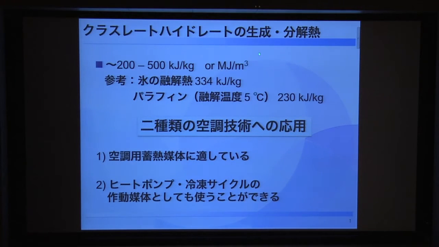Clathrate hydrate has a physical property which makes it unique. Basically, it's a type of ice. So when it's formed or dissociated, there's a lot of heat associated with this process. The technology is based on this physical property. For example, the formation and dissociation heat of ice is about 334 kilojoules per kilogram, which is very high.